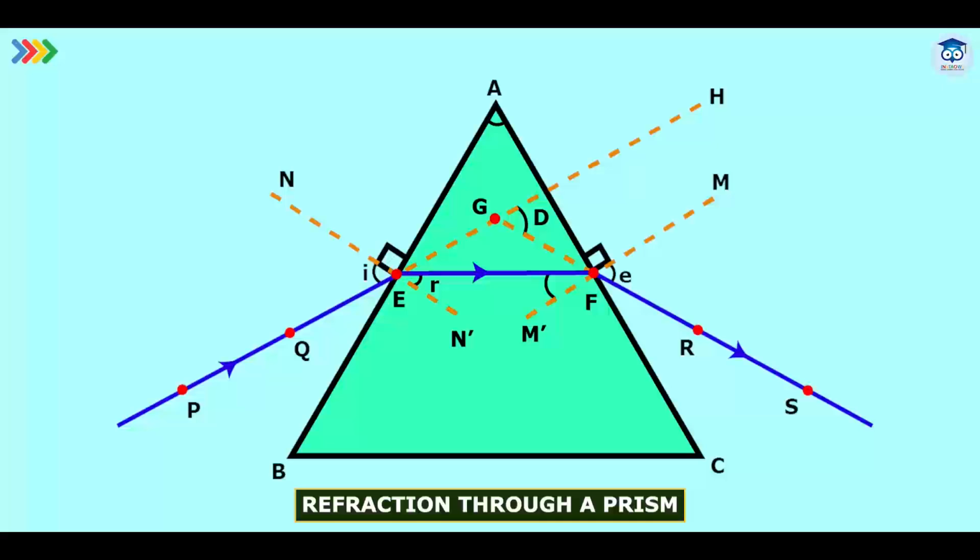This angle is formed between the extended path of the incident ray EH and the emergent ray FG.